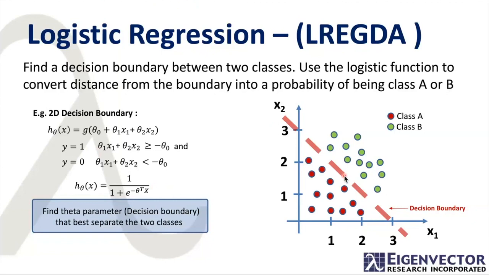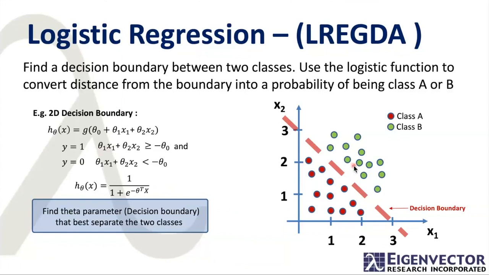But then as you move into the green side of the area, away from the line, that will increase, but it will only increase toward 1. It will not keep increasing beyond 1. In fact, it never actually attains 1. And that gives the probability of being that class. And this can be extended to multi-class as well, and in the implementation it does.